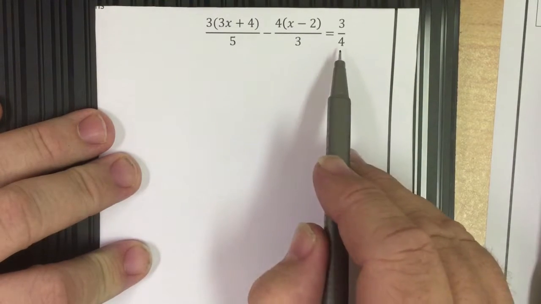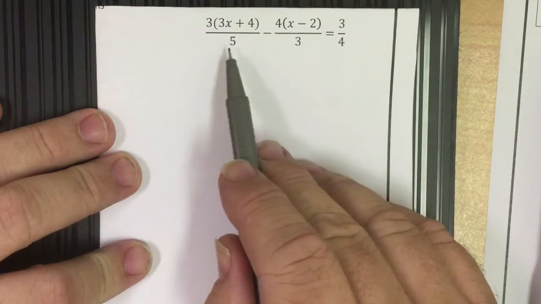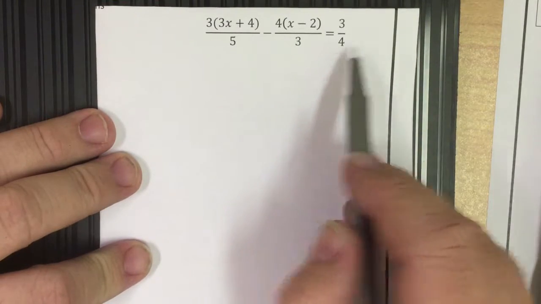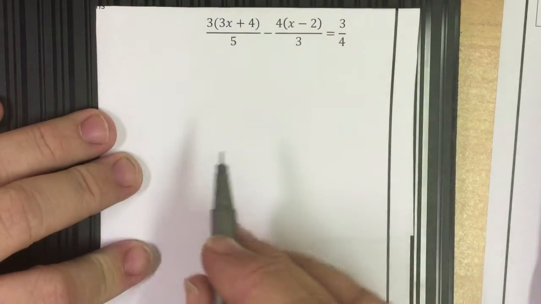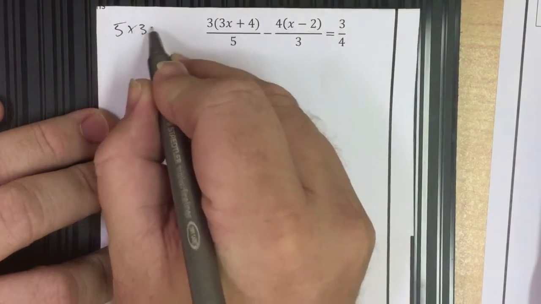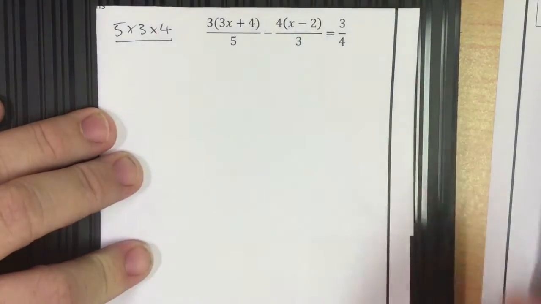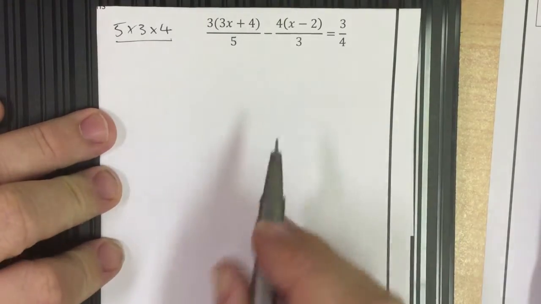And I'm going to include this denominator of 4 and look for the LCM of 5, 3, and 4, just to make my life easier, and I'll show you why in a second. It will all come clear. And unfortunately, the LCM of these numbers is actually the number 60, but let's work towards that.